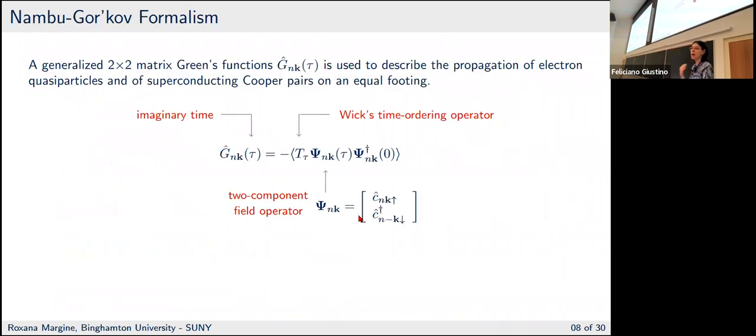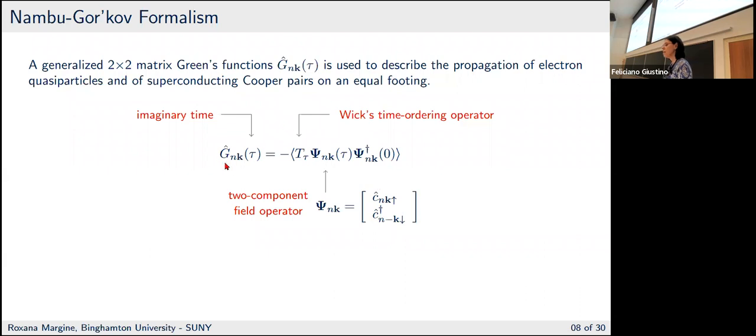So the central part of my talk, as I said, will be centered around the Migdal-Eliashberg formalism. The easiest way to describe this formalism is to use the Nambu-Gorkov representation. In this case, we are going to use a generalized 2x2 Green's function, which will be used to describe the propagation of electrons in the normal state and the superconducting Cooper pairs on an equal footing.